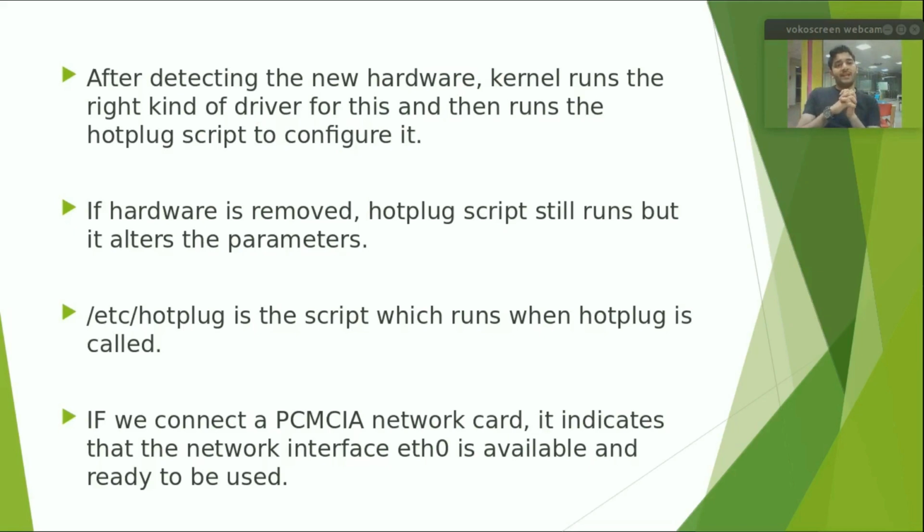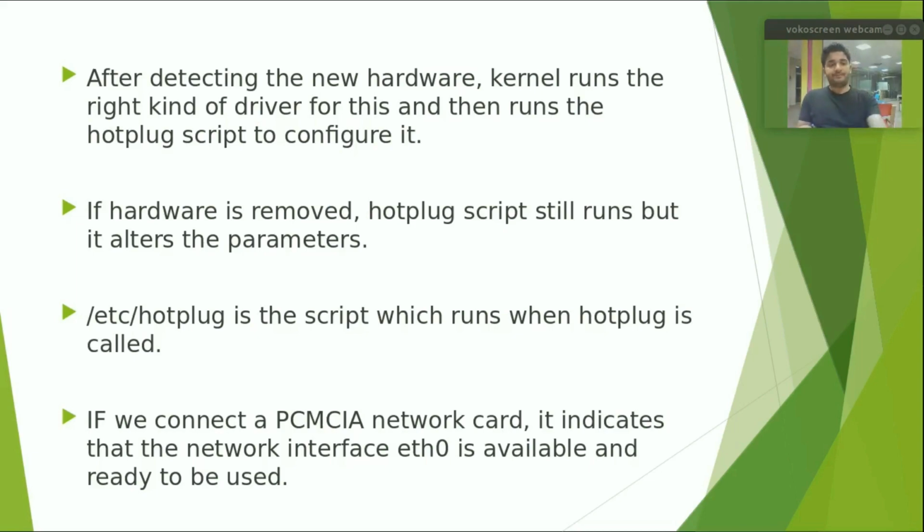If you have been following linuxhint.com and watching our YouTube channel, we have run the command ifconfig in the previous videos. When you run ifconfig, it shows you all the interfaces available on your system. So go ahead, run ifconfig yourself and see that one of the interfaces is going to be ETH0. You might have other interfaces as well.